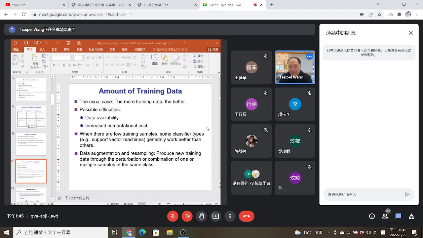So you want to make more of those to have them more balanced. You try to resample some kind of interpolation of the training samples from what you call the minor class, and make it somewhat bigger. So these are all techniques that we can use if we just don't have enough data.